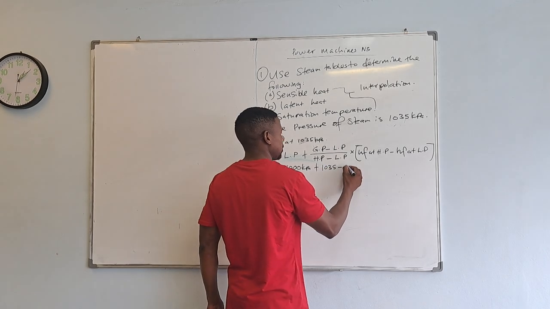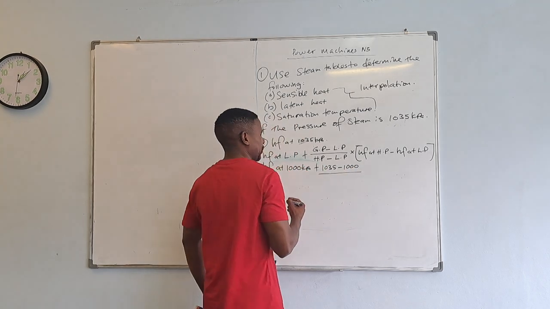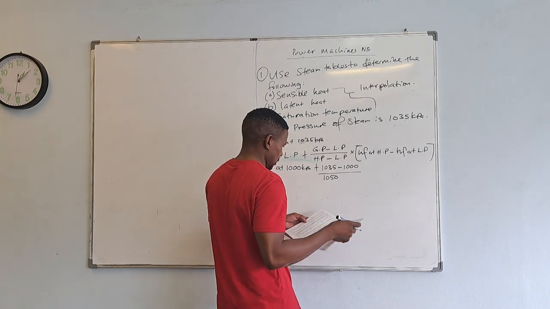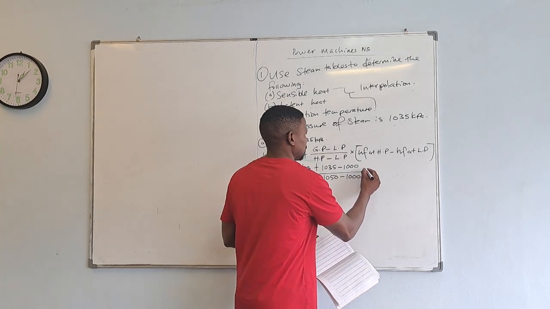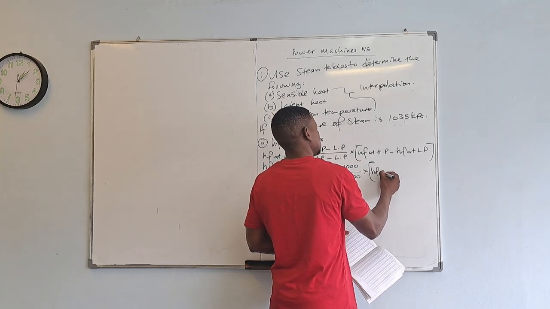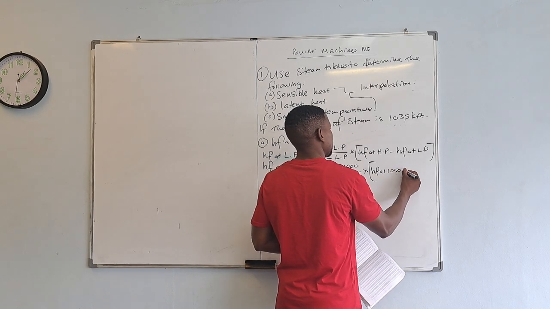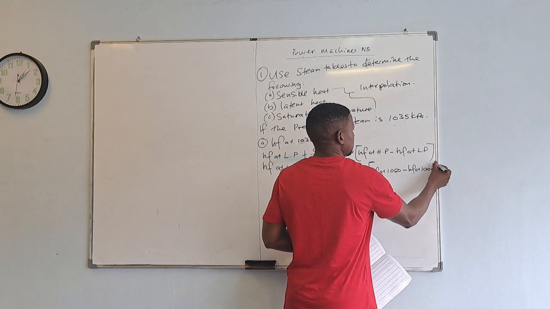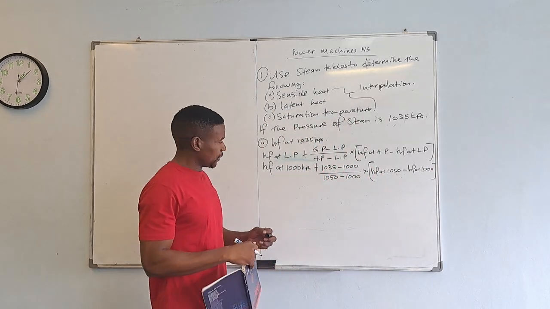Our lower pressure is 1000, over our higher pressure, which is 1050 minus our low pressure, which is 1000, times our HF at higher pressure, which is now 1050, minus our HF at lower pressure, which is 1000. That's how we resolve a question of this nature.